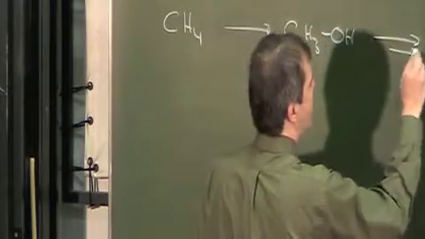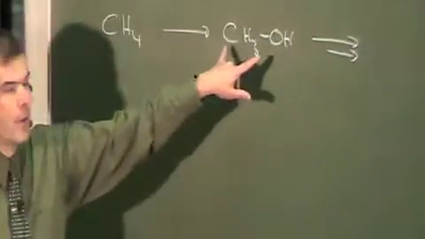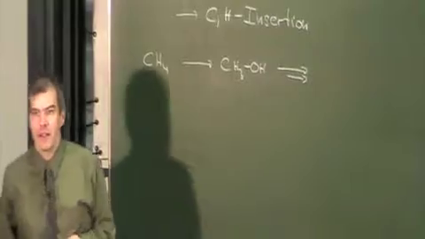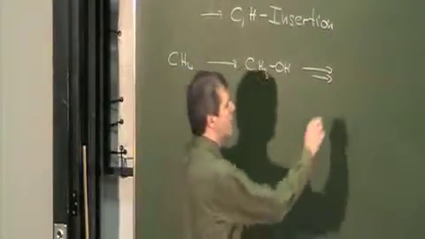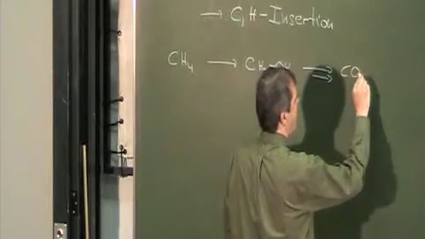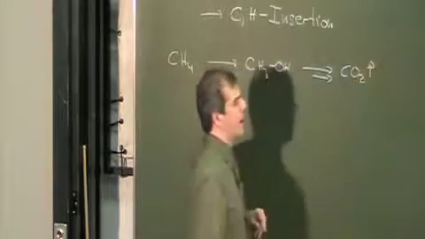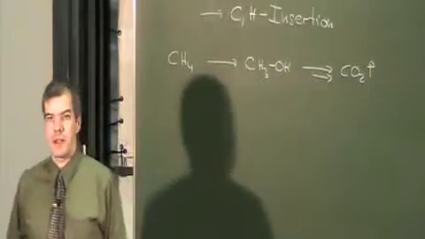One of the principal problems is, of course, that once you do the functionalization, your intermediate becomes more reactive than your starting material, and you keep oxidizing it until you finally form carbon dioxide.